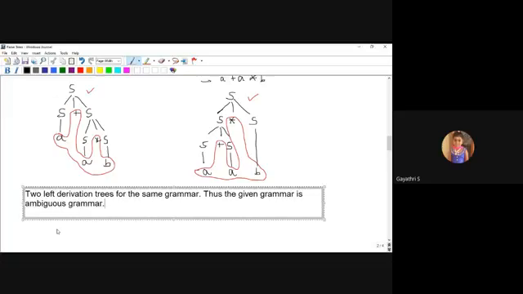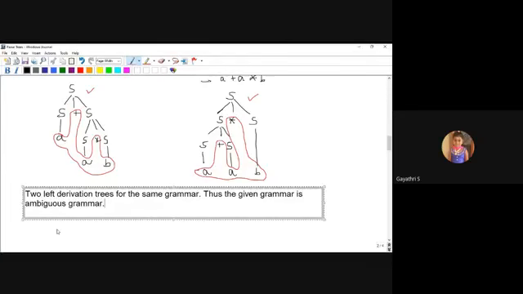Okay. Another way is you can draw two derivation trees for rightmost. This is also another way of proving. And the third way is you can draw one leftmost and one rightmost. If both are different, again the grammar is ambiguous.